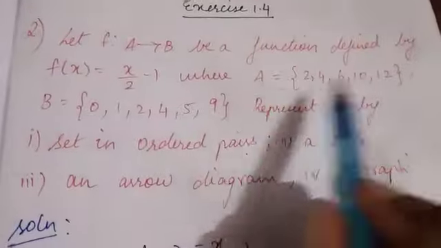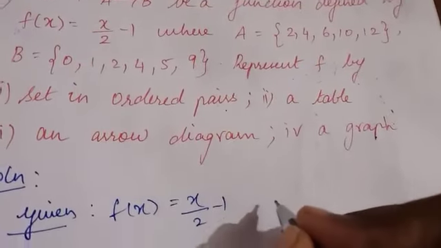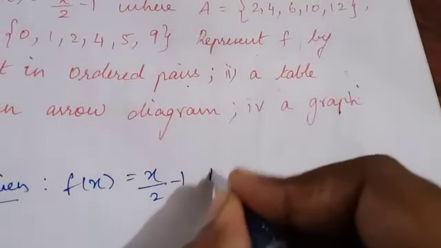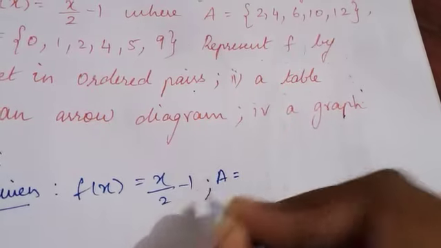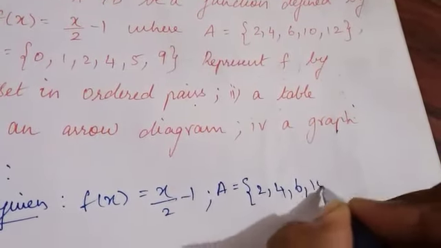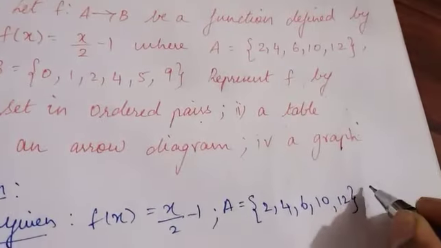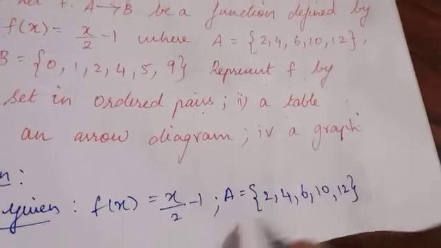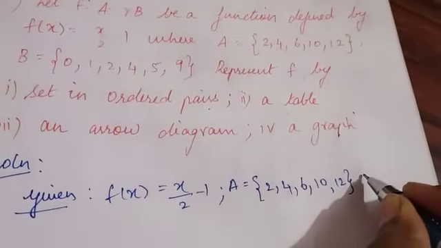And then we have two sets. The first one is A: 2, 4, 6, 10, 12. And set B: 0, 1, 2, 4, 5, 9.